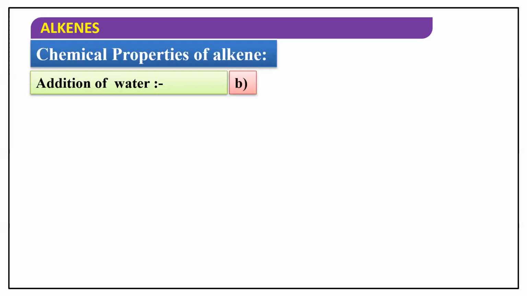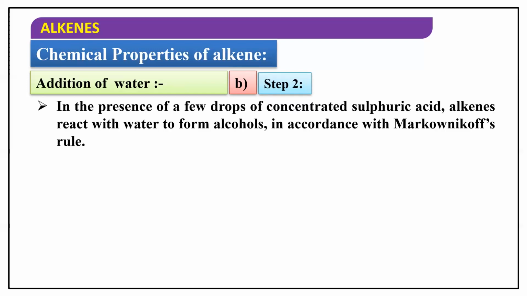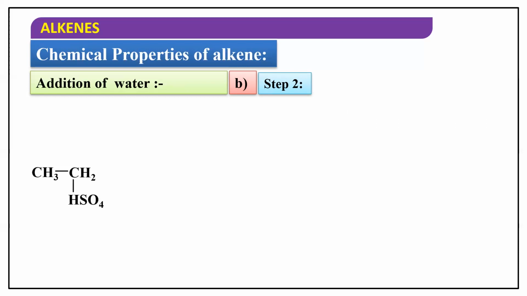We look at addition of water in the second step. In the presence of a few drops of concentrated sulfuric acid, alkenes react with water to form alcohols according to Markovnikov's rule. So what happens is you have this ethyl hydrogen sulfate that's obtained in the previous step. It reacts with water.